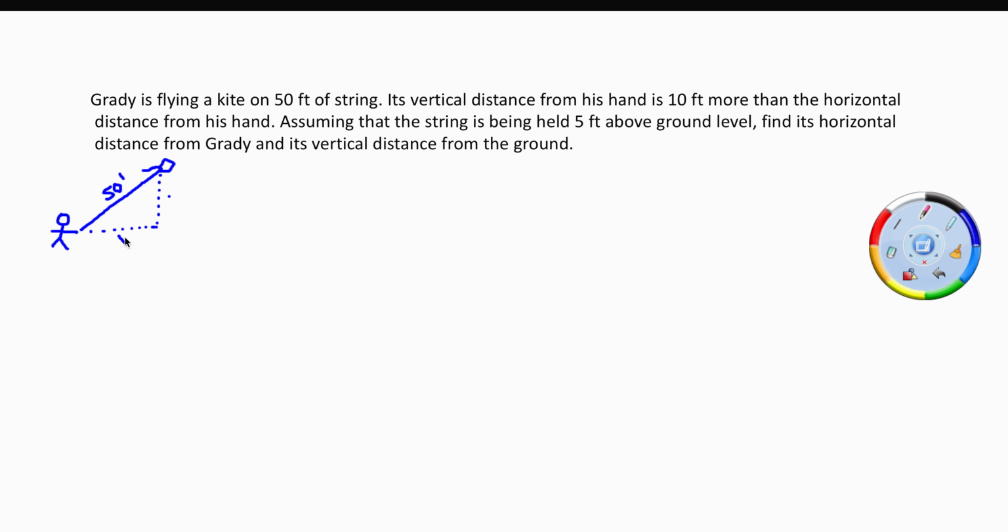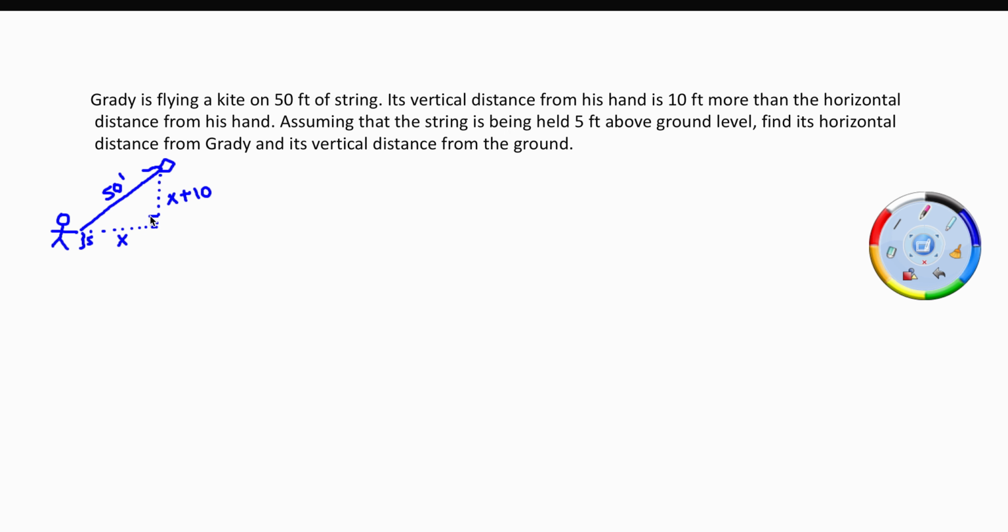Well, it doesn't tell us this horizontal distance, so let's use x, and then the vertical distance is 10 feet more. Assuming that the string is being held 5 feet above ground level, so again, this is 5. Find its horizontal distance from Grady and its vertical distance from the ground.